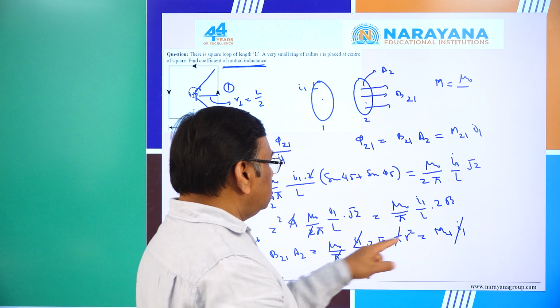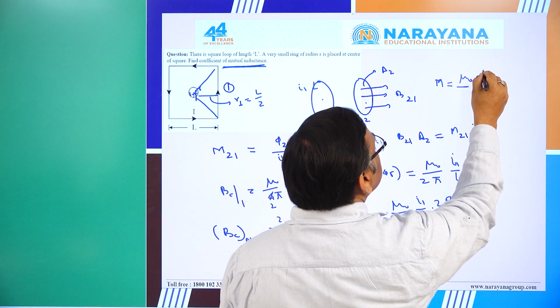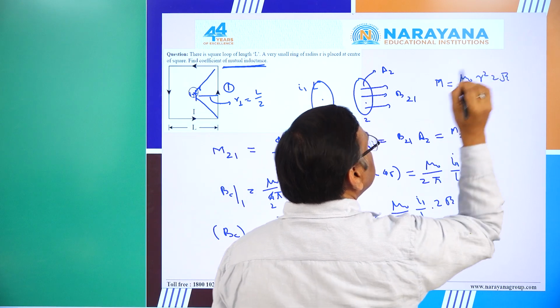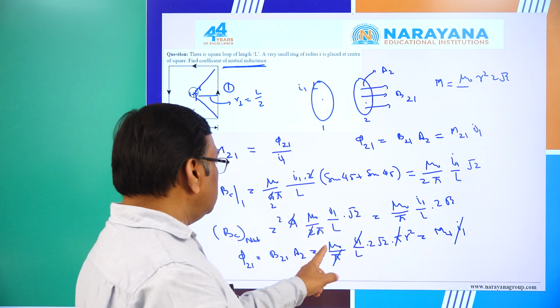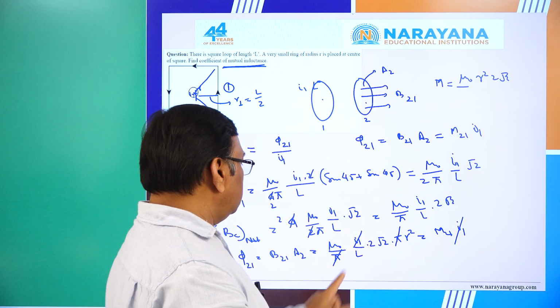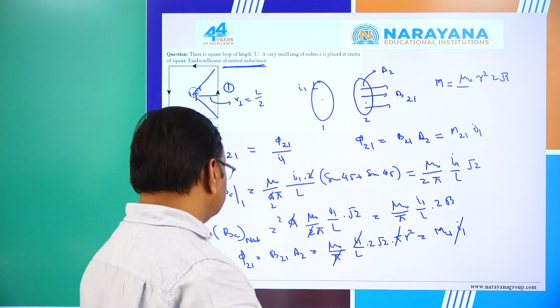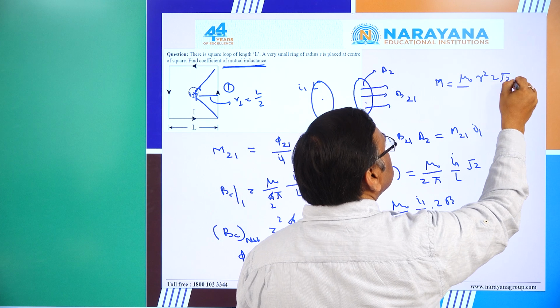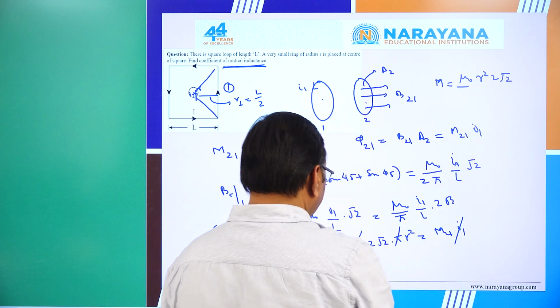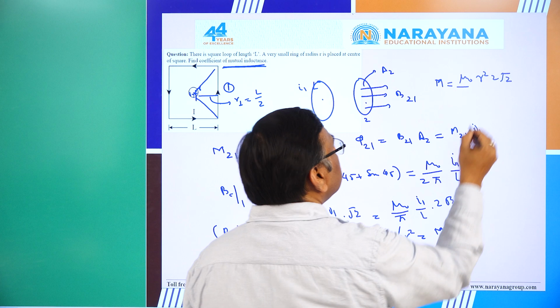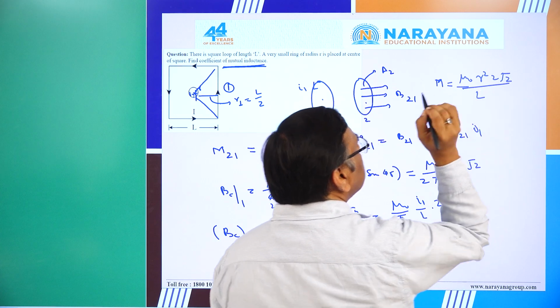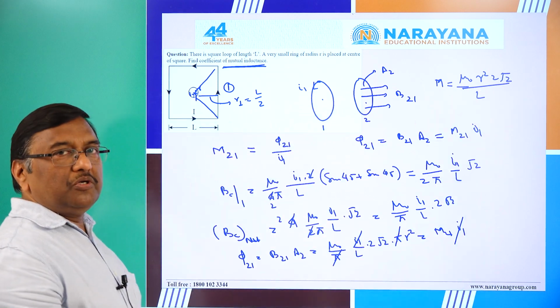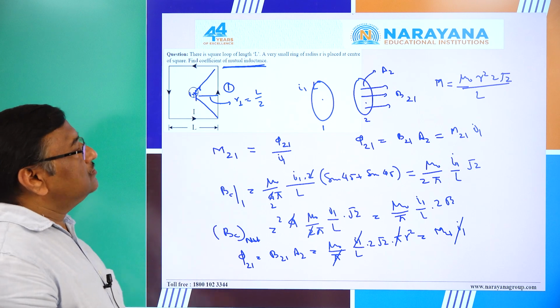So mu 0 r square into 2 root 2, divided by L. That should be the coefficient of mutual induction for this loop.